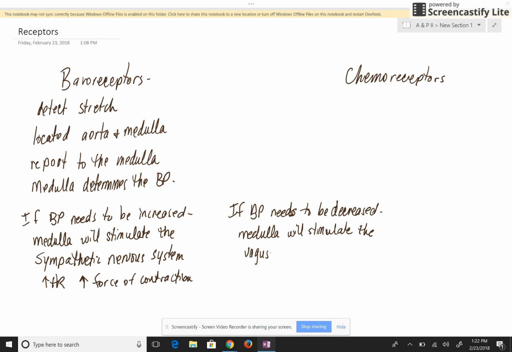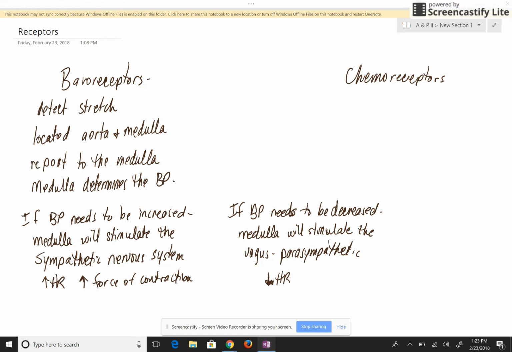The vagus nerve is part of the parasympathetic nervous system. So this is going to decrease the heart rate. If you decrease the heart rate, you decrease the amount of blood going to the heart, and that's going to decrease venous return, which is in turn going to decrease the blood pressure.